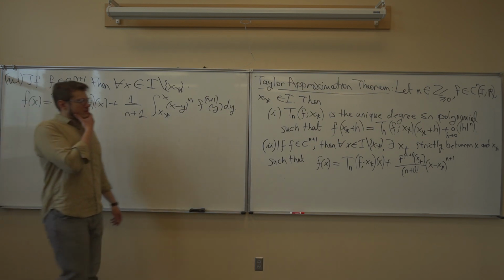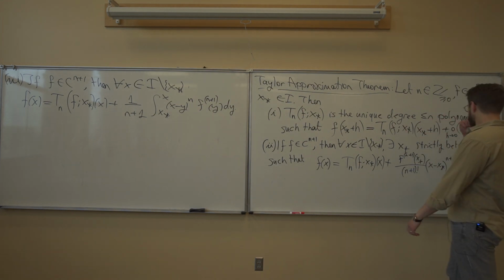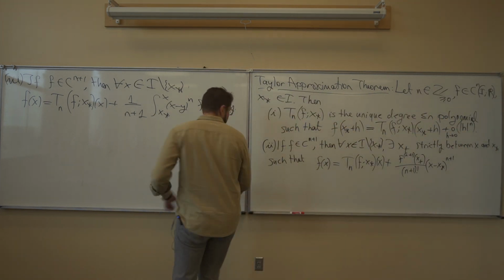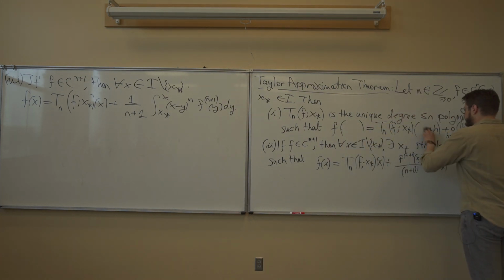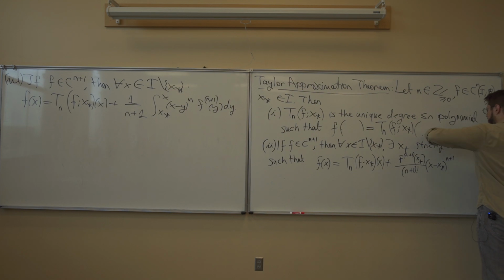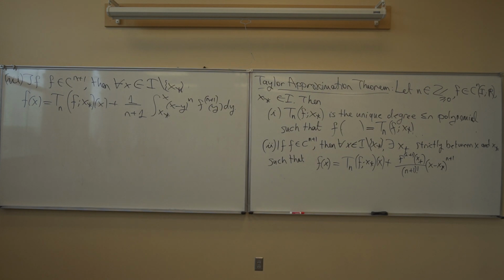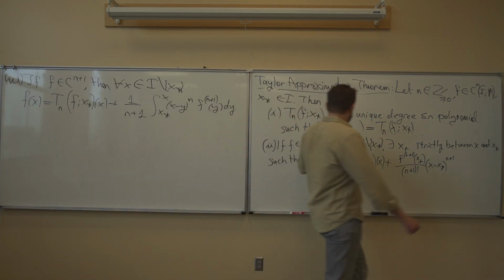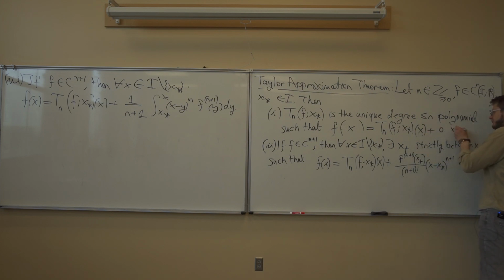So what people do is they call the difference between the... maybe for consistency I should rewrite this using the other notation as well. So in the other notation, f of x equals the Taylor polynomial at x plus little o of the absolute value of x minus x star raised to the power n as x goes to x star.